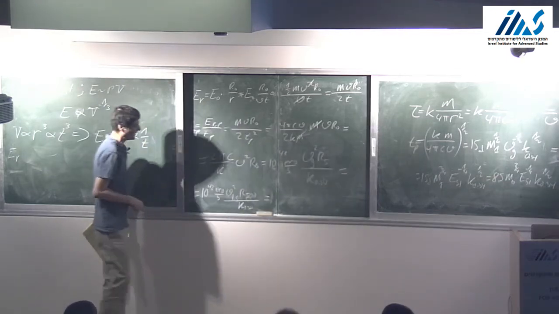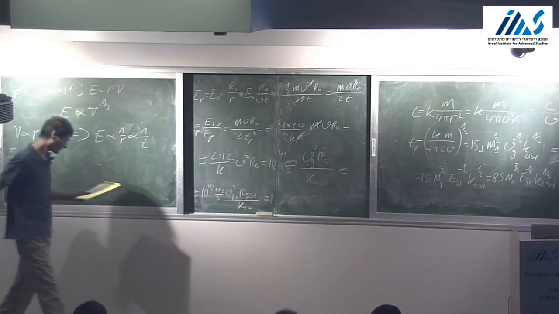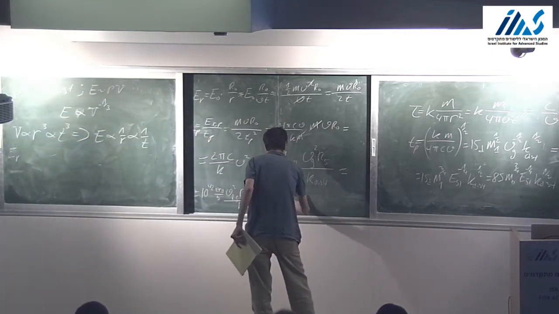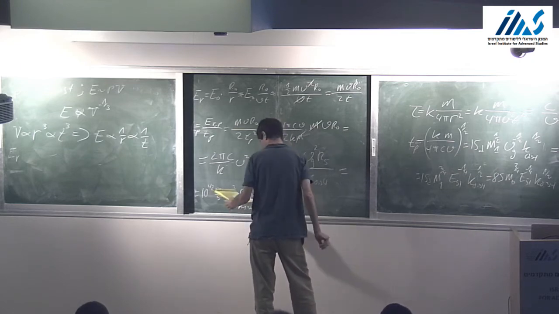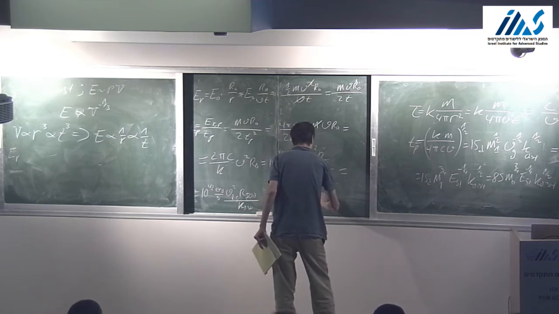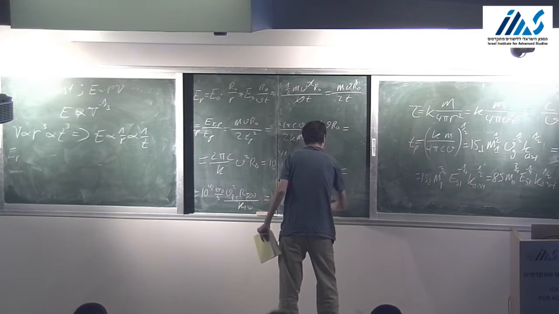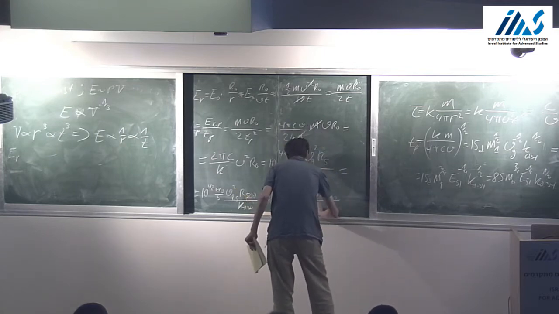And if you want to take out the velocity and use the energy and the mass instead, then you get again 10 to the 42 erg per second for an energy of 10 to the 51 erg, a radius of 500 solar radii, and 10 solar masses.